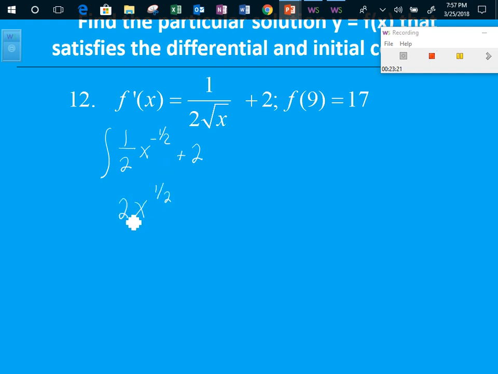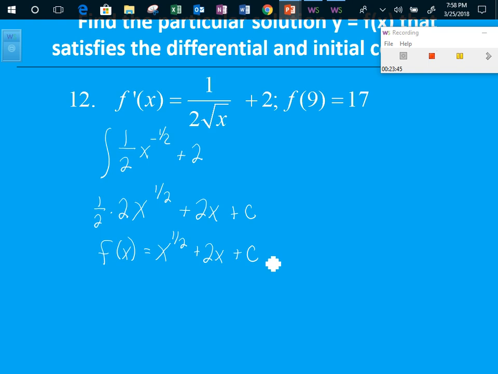Multiply by the reciprocal, and I still have that 1/2 out there, plus 2x plus c. Now, let's simplify this. So here's where we are for a second. I now have f of x equal x to the 1/2 plus 2x plus c. That's where I am for a second.